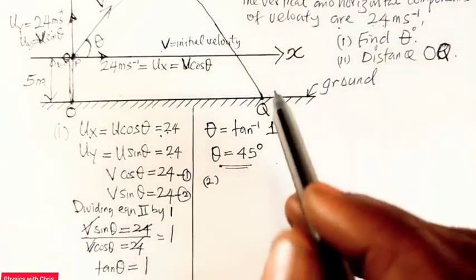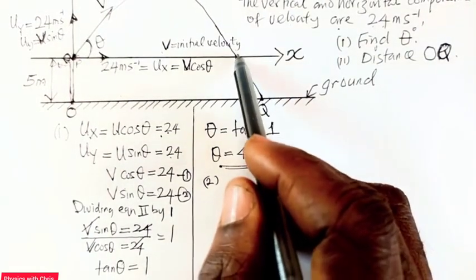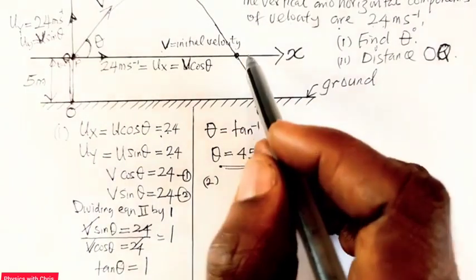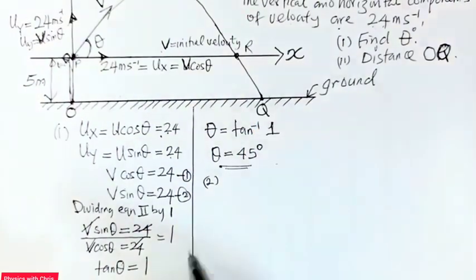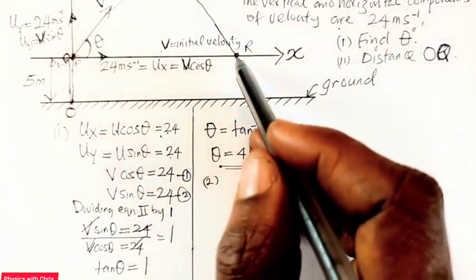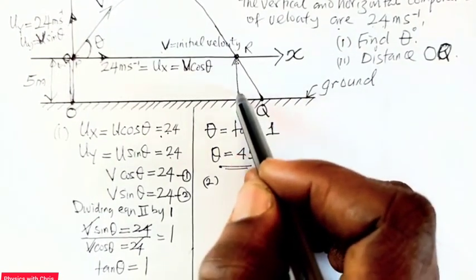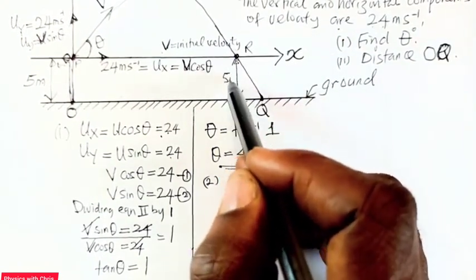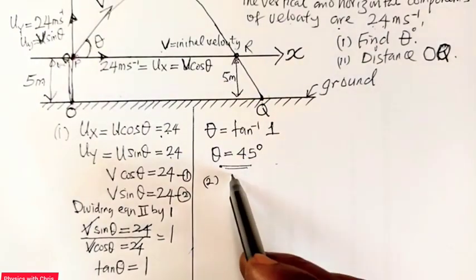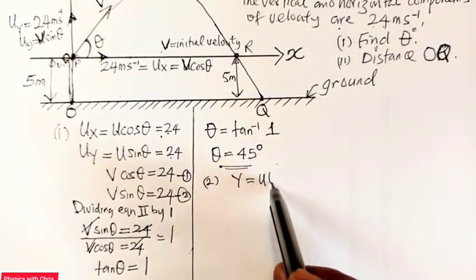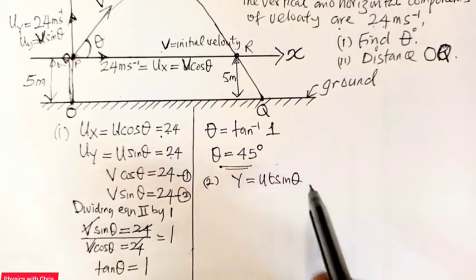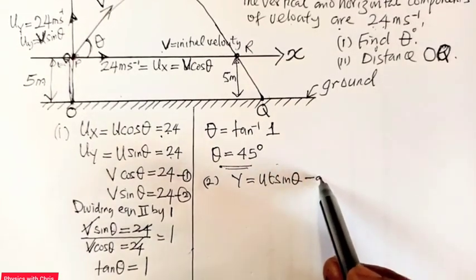Now again, when the particle passes this point here, let me call this point R, it's at point Q, it is now 5 meters below the ground, which means from this equation, y equals ut sine theta minus gt.